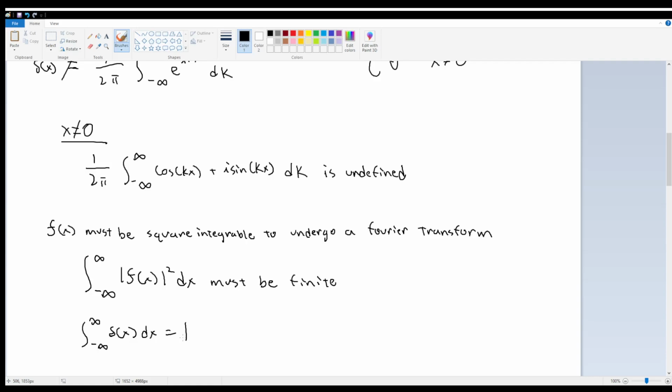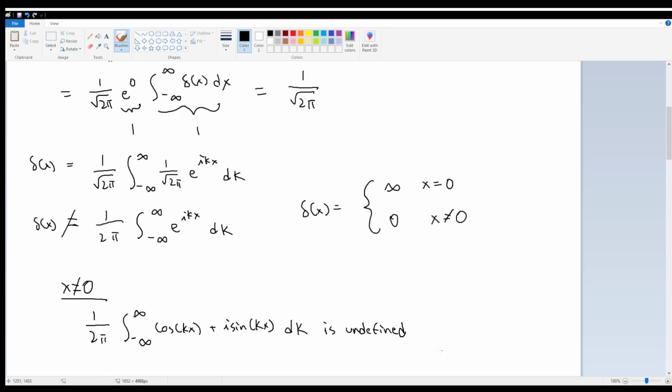The reason why is because the Dirac delta isn't actually a proper valid function. Remember back at the very start when we introduced delta functions, one of the things I mentioned was that a Dirac delta is an artificial construct. It's a definition. We invented a Dirac delta with this definition in mind, that it equals infinity when x equals 0, and it equals 0 when x is non-zero.